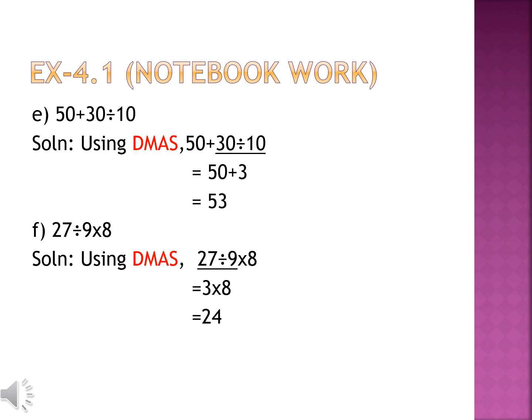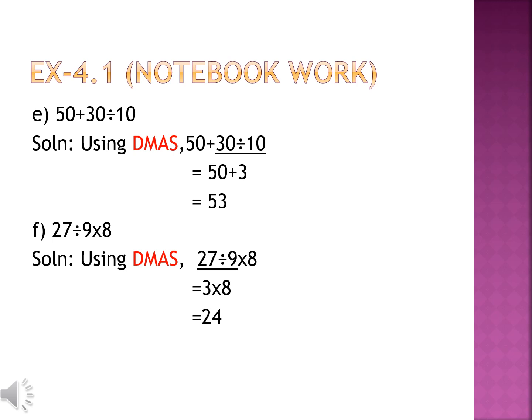In the next step you have to first of all write down 50 plus. Now 30 divided by 10, divide it on the rough side. When you divide 30 by 10, the answer is 3. So we write down the answer at this step, 50 plus 3. So 50 plus 3 is 53. So this is how we find out the answer.